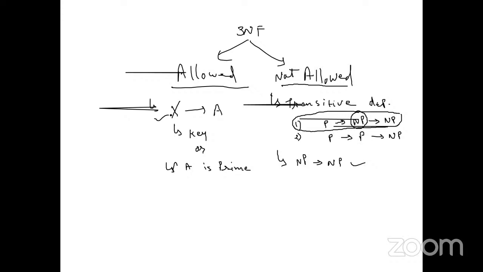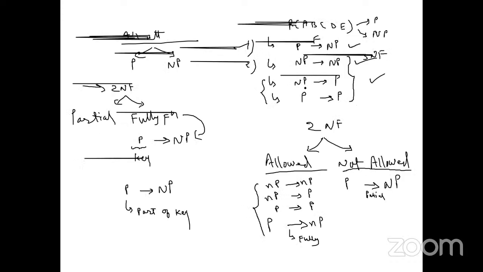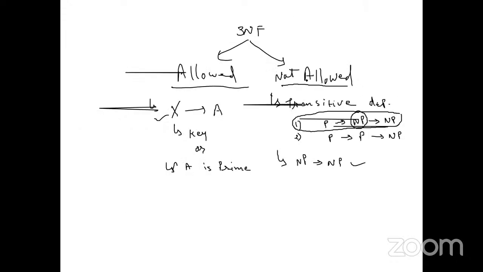When the RHS is a prime attribute, we don't care what is there in the LHS. You can again look at these two conditions. If the RHS is prime, then the LHS might be non-prime, it doesn't matter. So either the RHS is prime or the LHS is a key, then it is third NF.